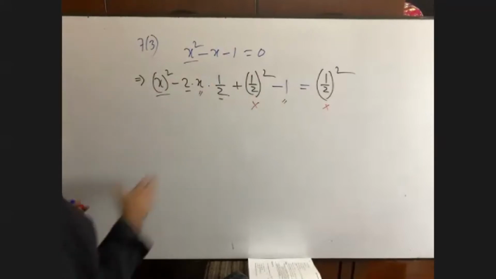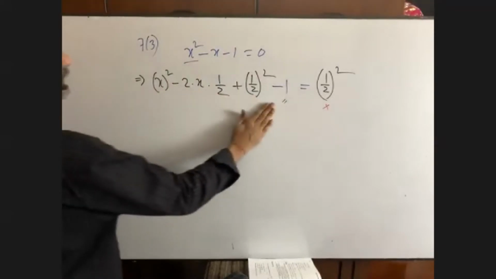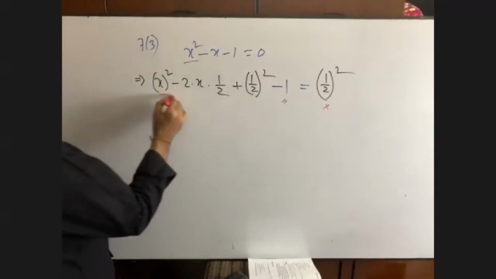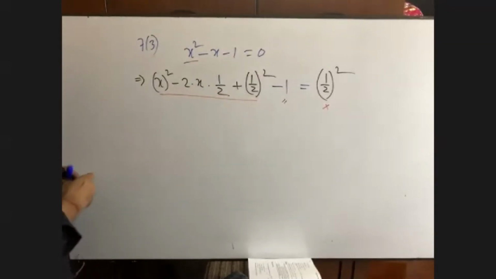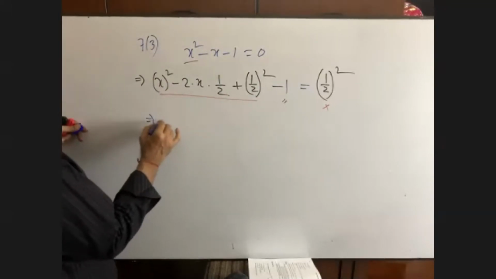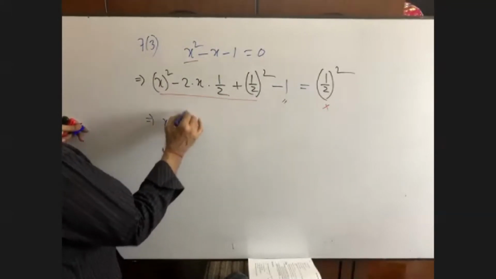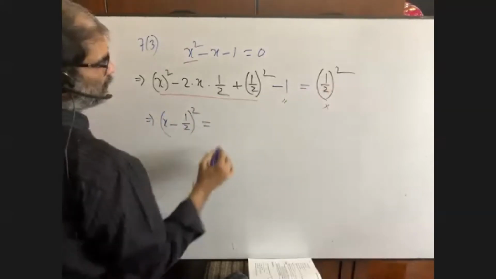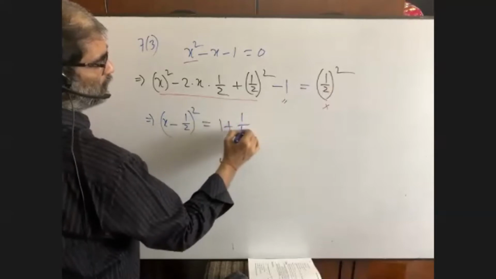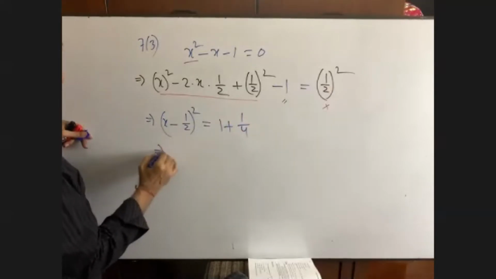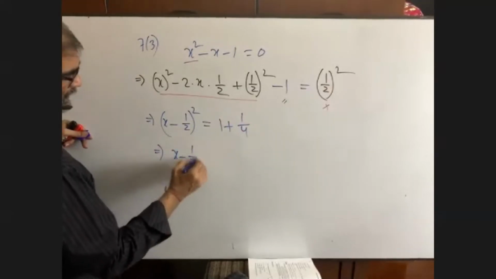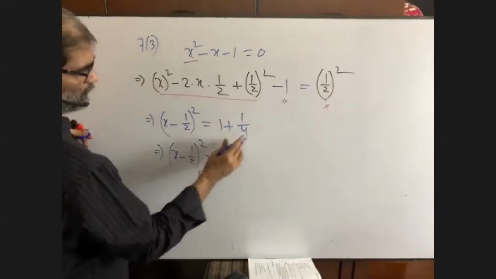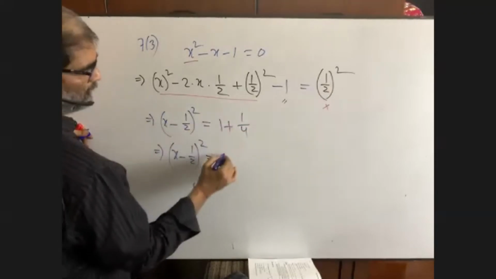As a result, these first three terms are the formula of a minus b whole square. Now this minus 1 can be taken to the right hand side, 1 plus 1/4. That means x minus half whole square is equal to, LCM 4, 4 plus 1, 5/4.